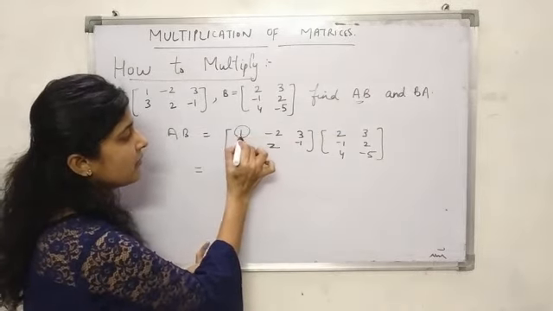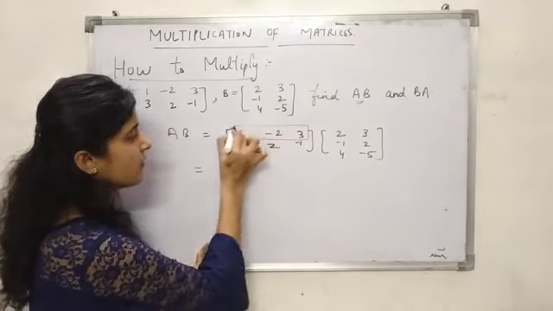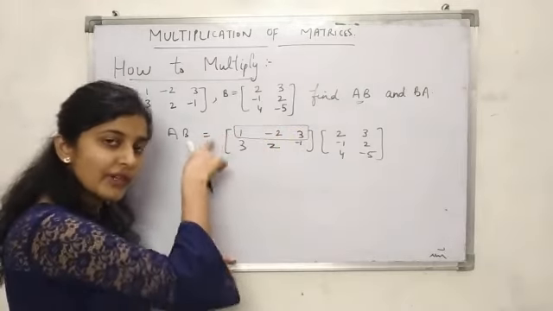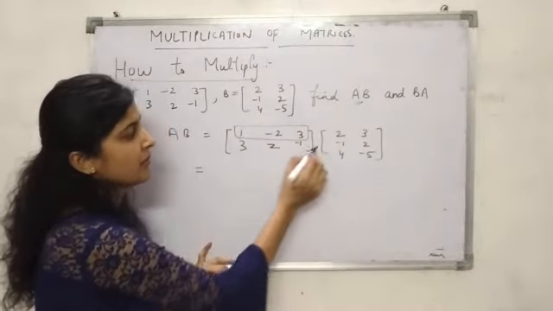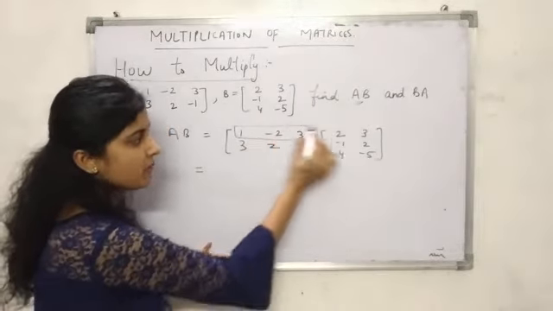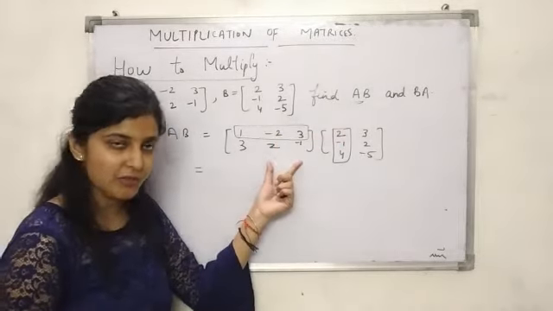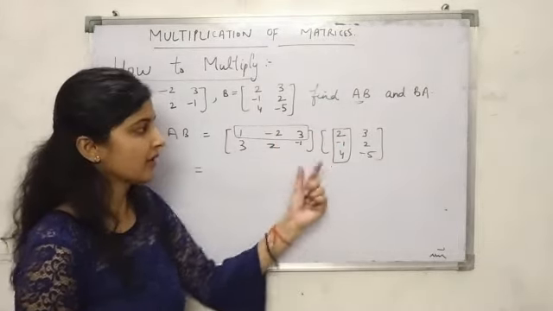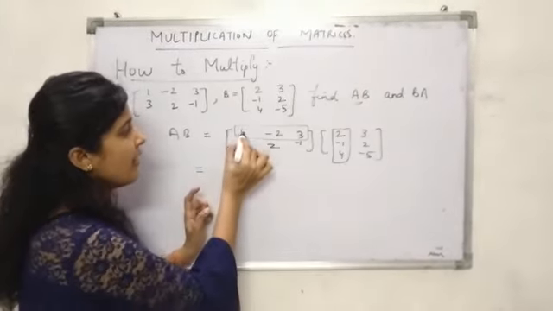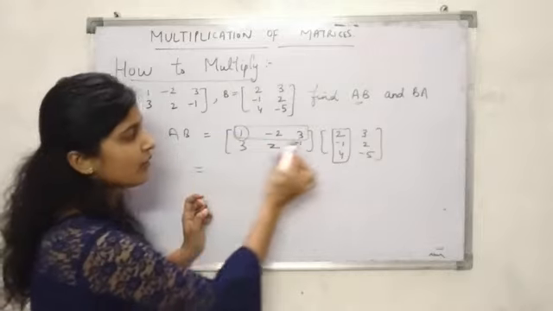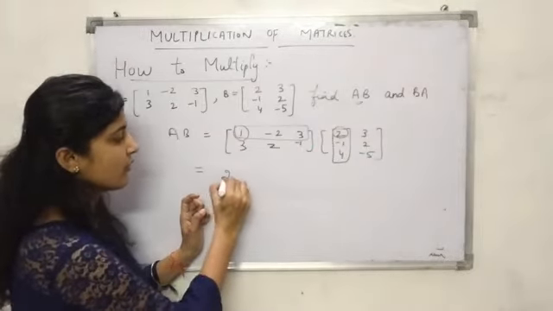You will pick each row one by one. Pick up this row. One row of the first matrix will be picked up and a column of the second matrix will be picked up. First row we have picked up, first column we have picked up. Row of the first matrix, column of the second matrix. Now multiply the corresponding elements. First element of this row with first element of this column, that is 2.